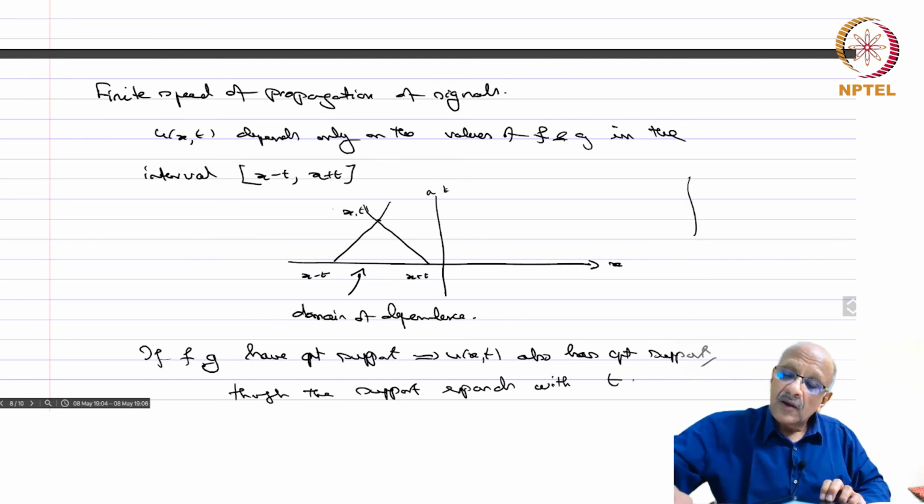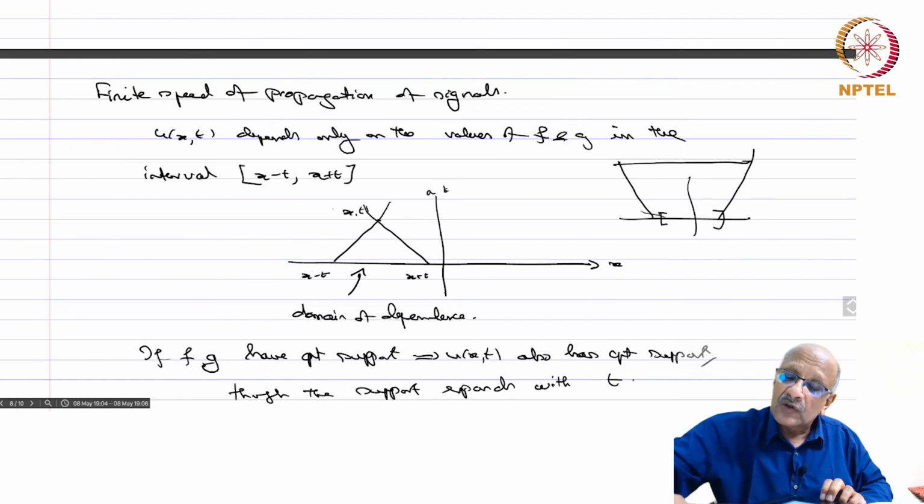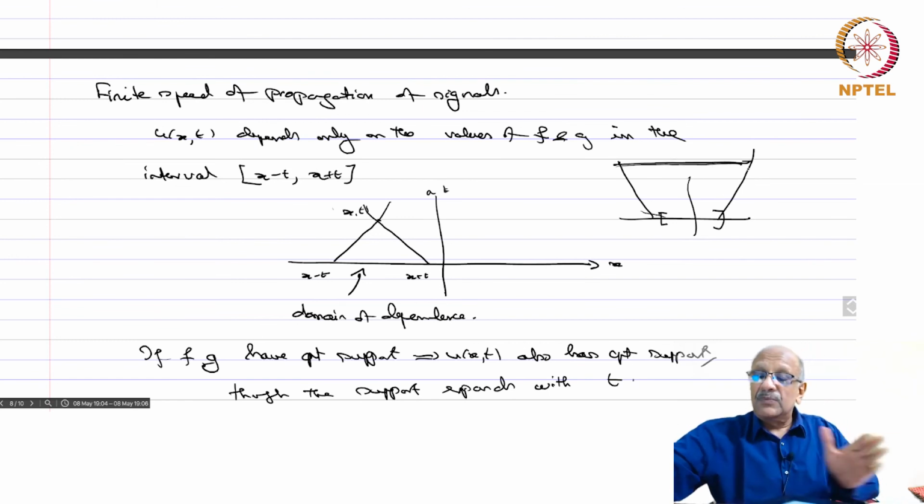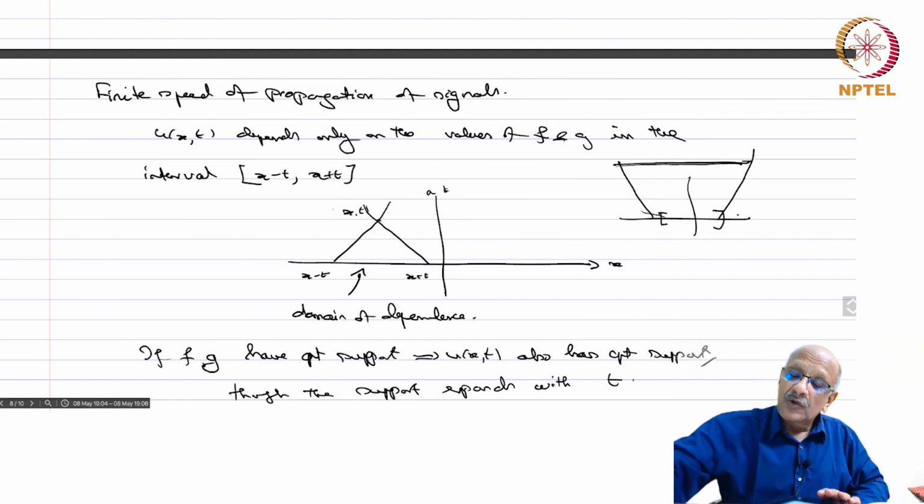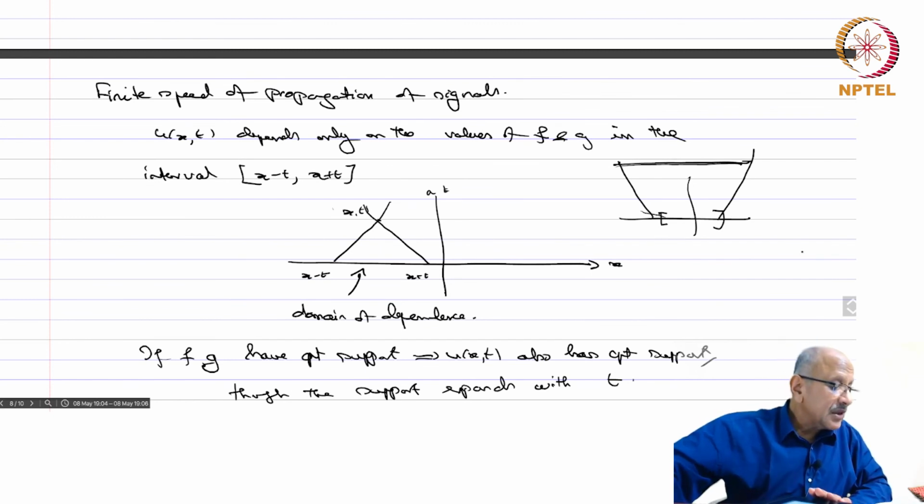So if, for instance, f and g are supported here, then you will have to take the characteristic curves coming. So u(x,t) will be non-zero only in this region, but that keeps expanding, and therefore you will have the solution in this region.